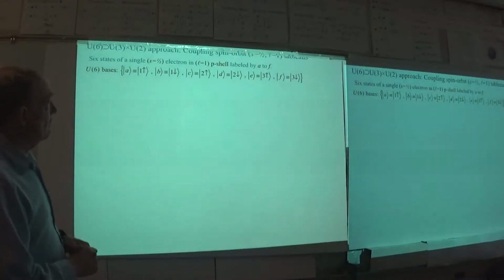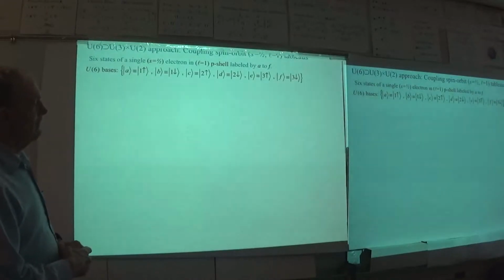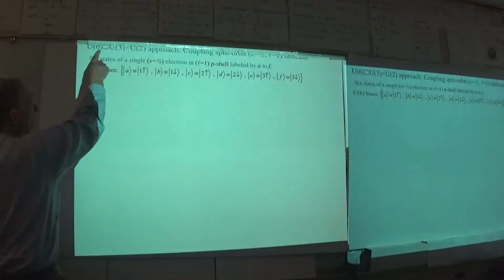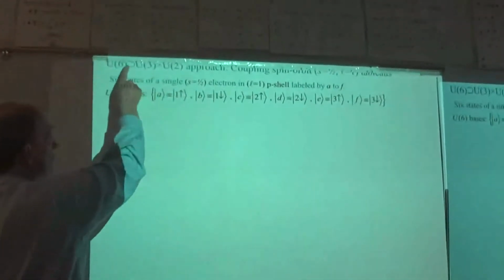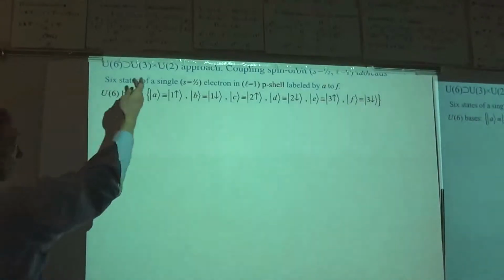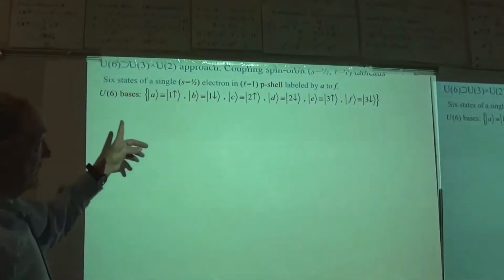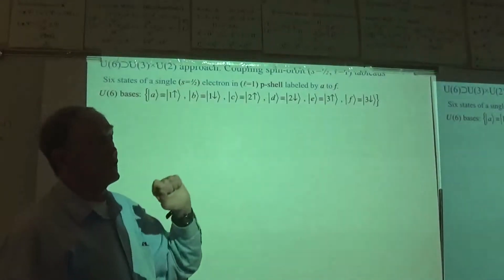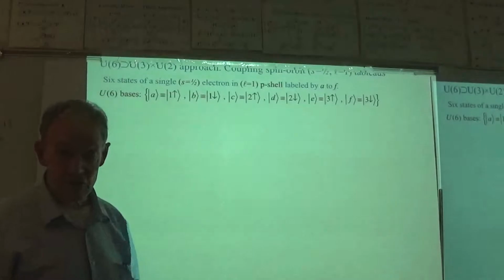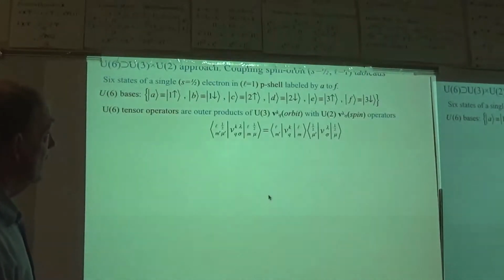So that's something new here. Now, what's the group theoretical name for what we're doing here? Well, we have a supergroup that encloses, that is greater than, U3 cross U2. So we're doing quantum mechanics now on 6 equivalent, more or less equivalent things. Okay, so U6 is the order of the day here.